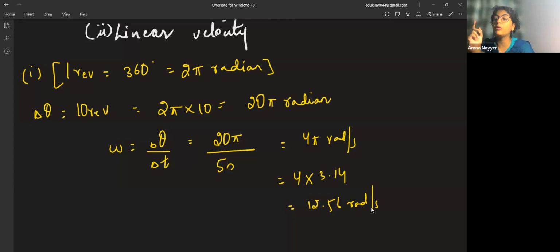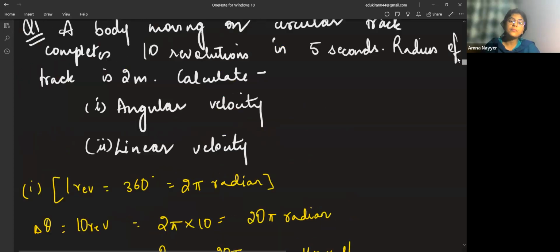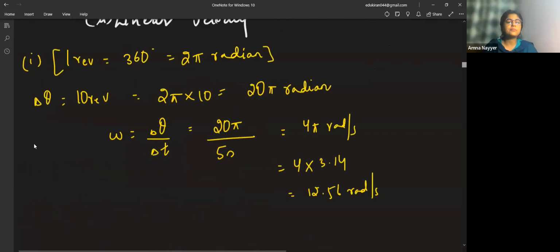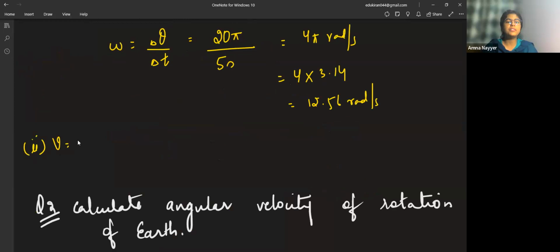Now we have to find the linear velocity, but for that you don't have to do separate calculations. You have the radius with you. The radius of the track is given, 2 meters, and you have the angular velocity also. So just use the relation which we have studied: V is equal to omega R. Omega is 12.56, radius is 2, so that becomes 25.12 meter per second.